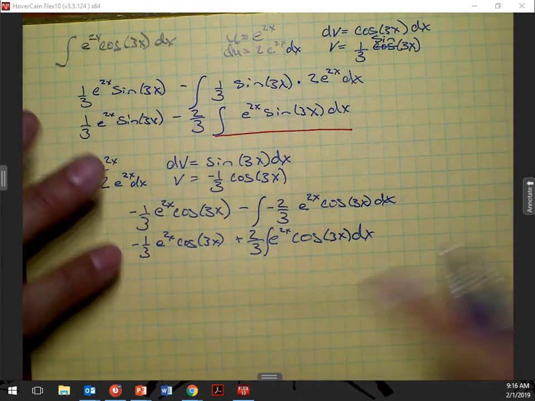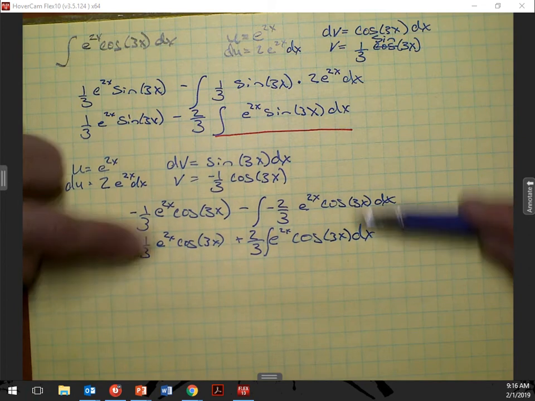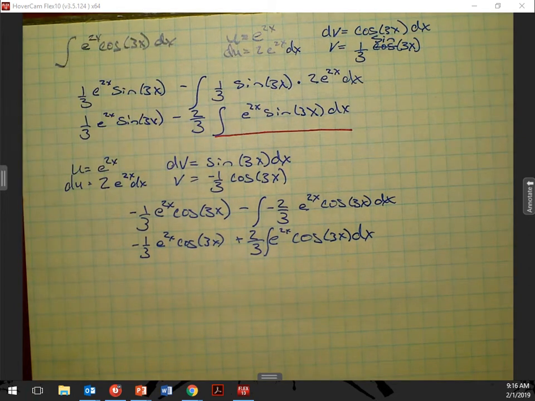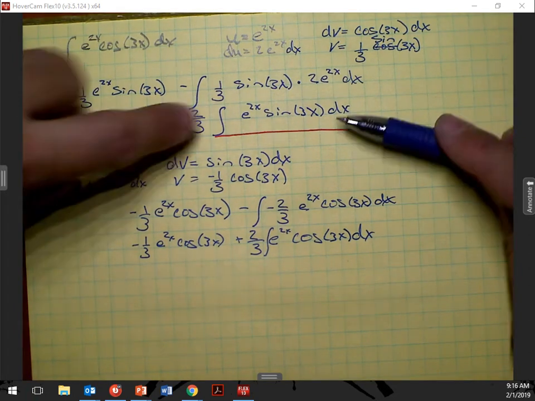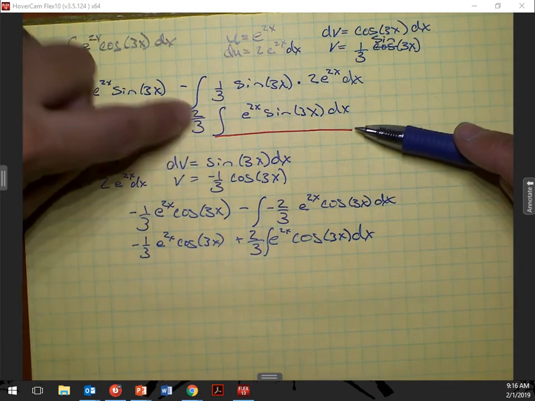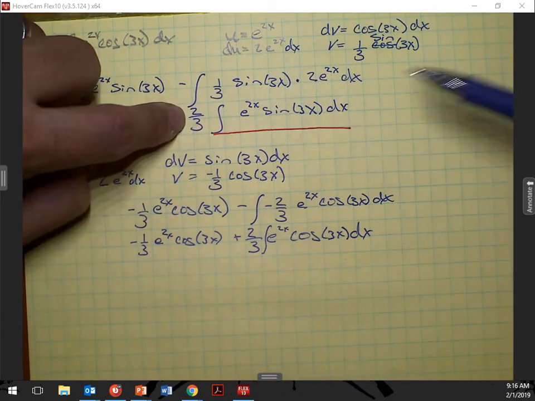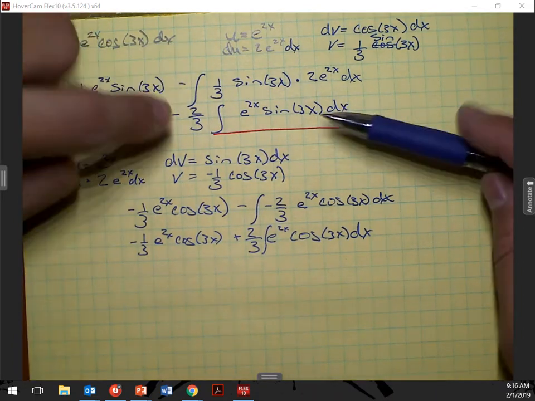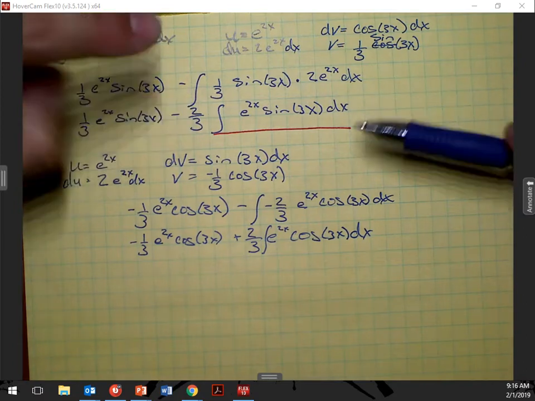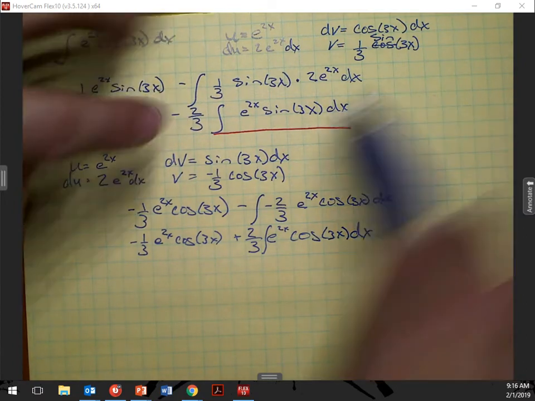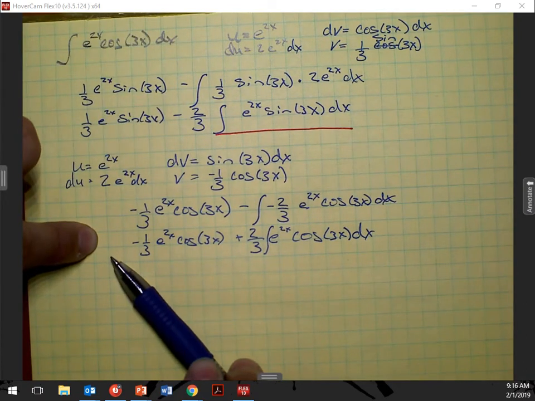So all of this is just right here in red. Yes? Okay. So now in front of that integrand right there is a 2/3, right? So I have to account for that also. So all that is actually supposed to be in front of this. Okay? Do you guys agree?